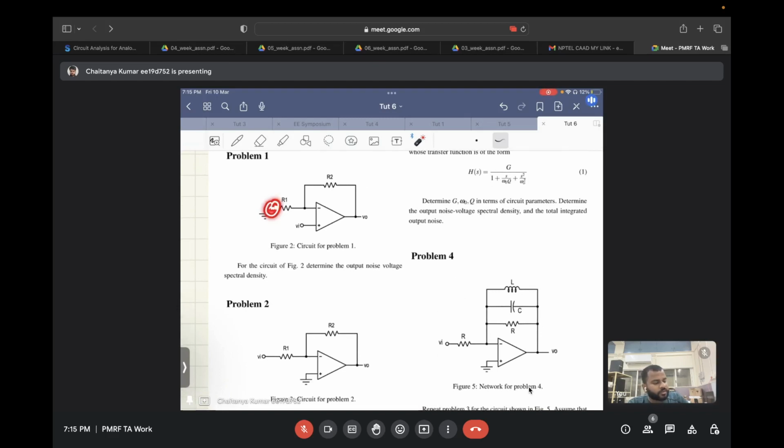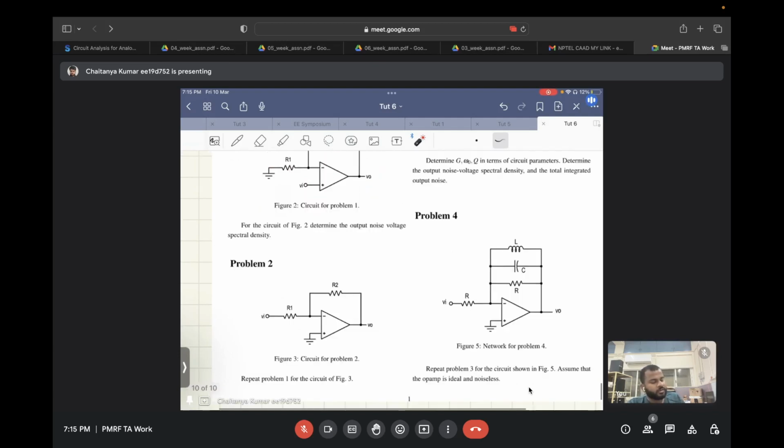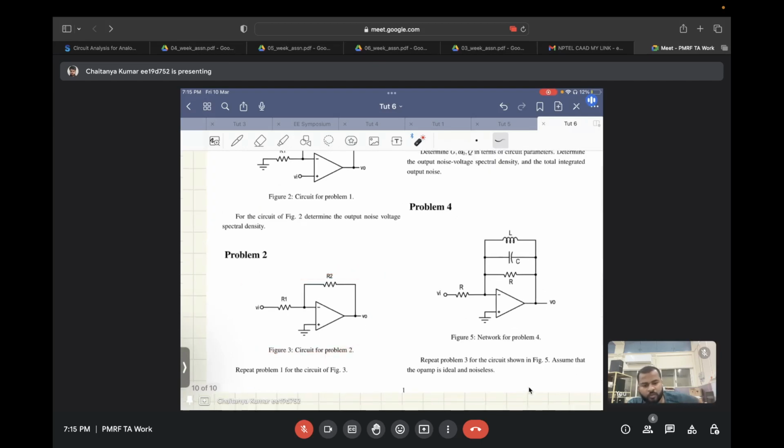You will find the transfer function from here to the output and then multiply 4kTR1 with that. The same thing you will do: find the transfer function from this voltage source to the output, multiply 4kTR2 with that, and that will be your noise spectral density. The same exercise you have to repeat for problem 2 as well.